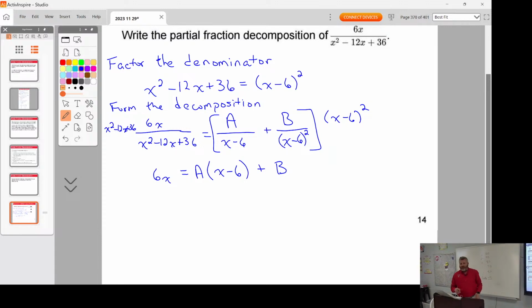Finding B is simple. What do you want x to be to find B? There you go.